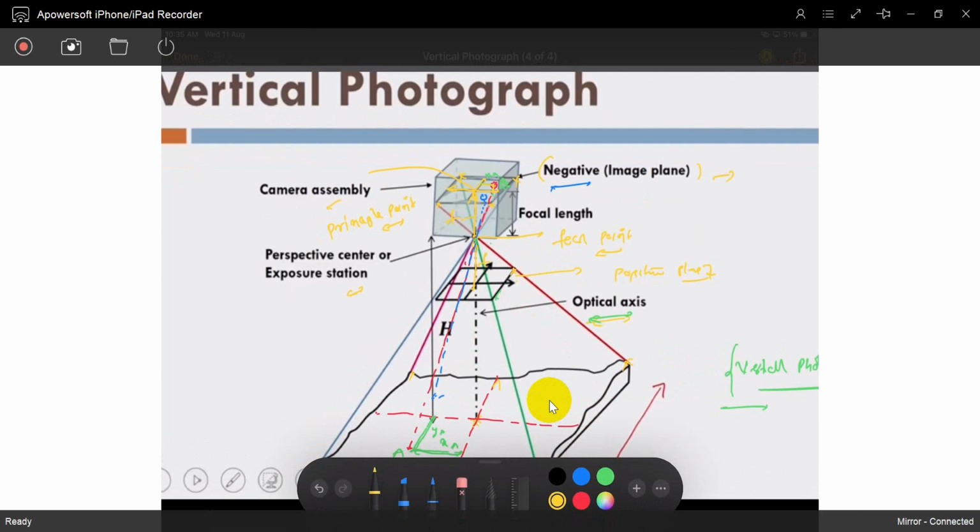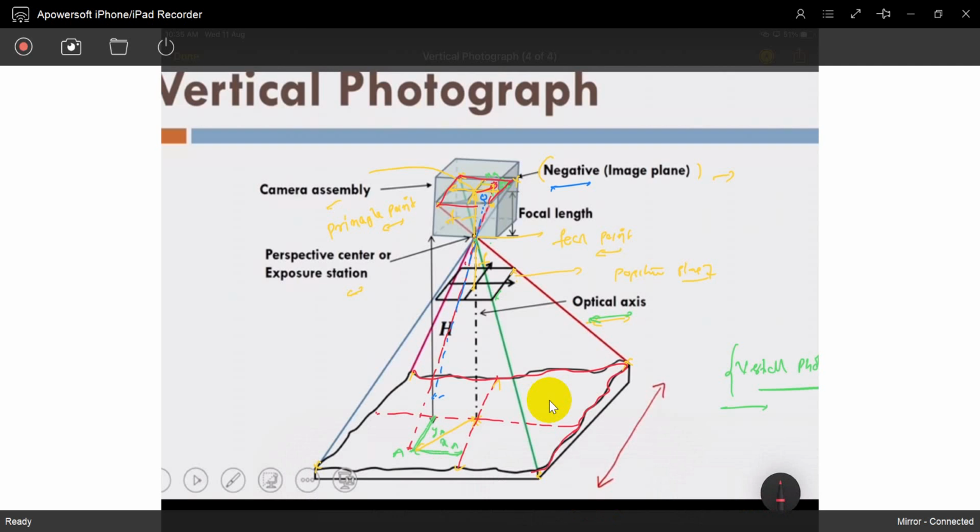So exactly how much length is reduced in the photograph? Understood? So in the ground, the distance from this exact center to this point, how much is it? Otherwise, I will write this. So this is the photograph. In reality, this. Okay. So how is the distance varying? Understood? How can we calculate the distance?